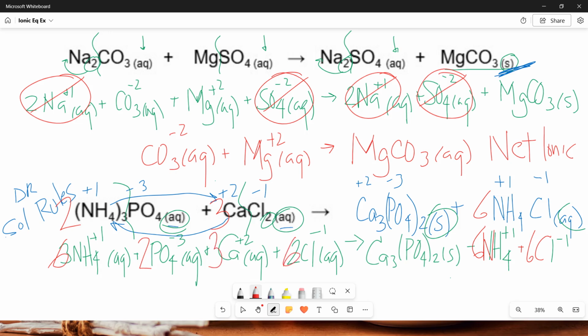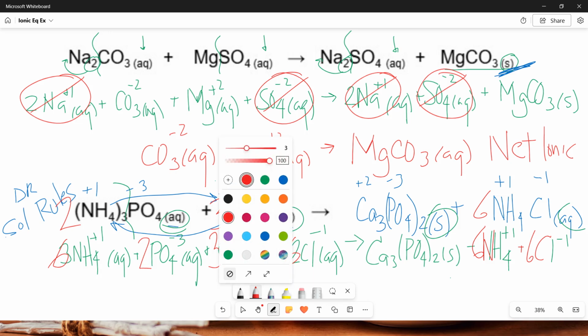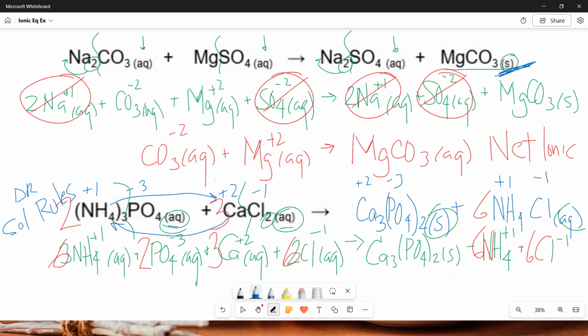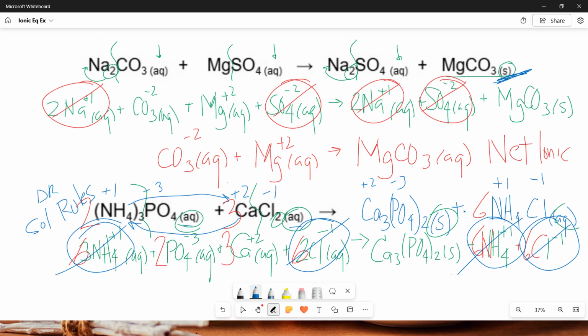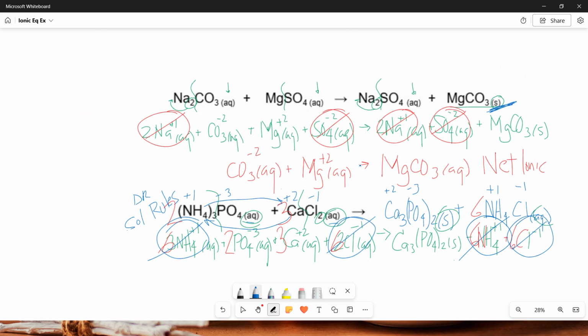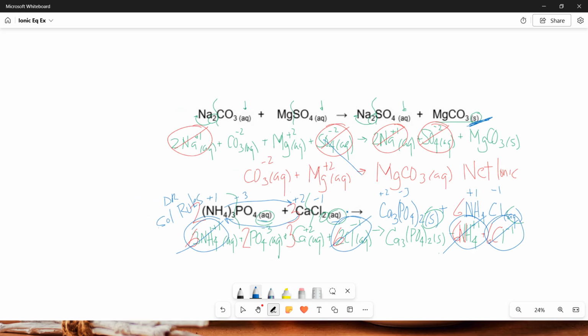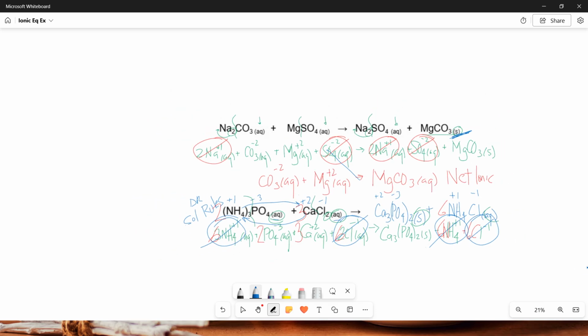That's important because if I hadn't balanced it to begin with, I am not going to be able to take them out of the equation completely. See, I have 6 ammoniums here and 6 ammoniums here, so all of those come out of the equation. I have 6 chlorides here and 6 chlorides here, and that takes it out of the equation. And so what is remaining, let me make that smaller so that I can write.